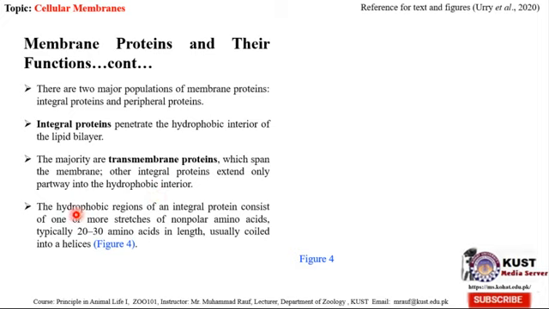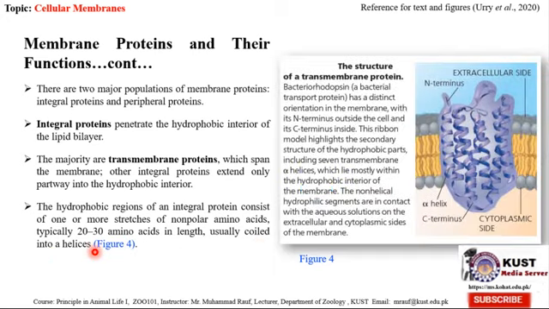Now the hydrophobic region of an integral protein, that is a protein which spans across the plasma membrane, consists of one or more stretches of non-polar amino acids, typically 20 to 30 amino acids in length, usually coiled into a helix. So these are the hydrophobic regions, the interior region of the protein, which are present adjacent to the phospholipid tails.